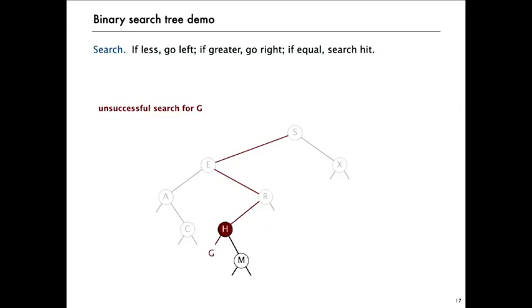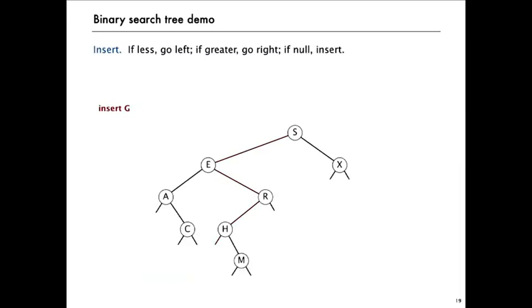And then we come off a null link. And all that says is that there's no place in this tree where G could be. So G is not there. So that's a search miss, and the get operation would return null in that case.